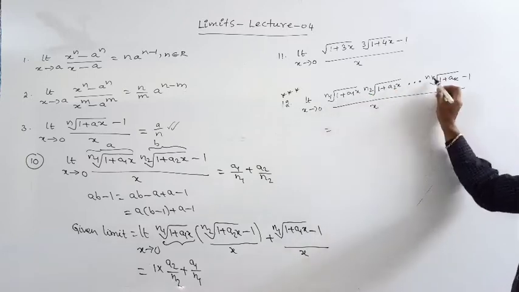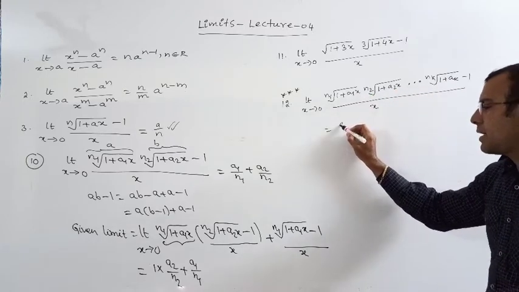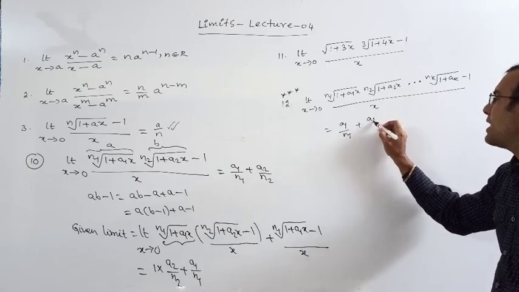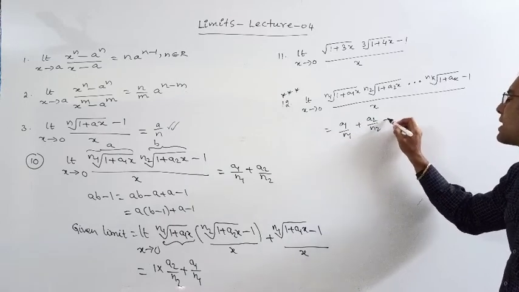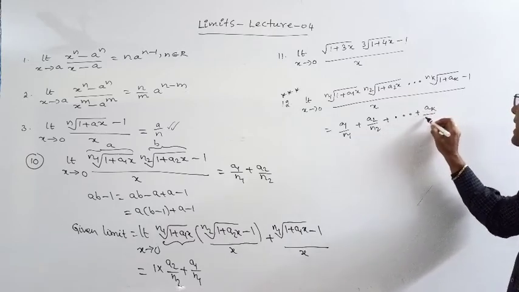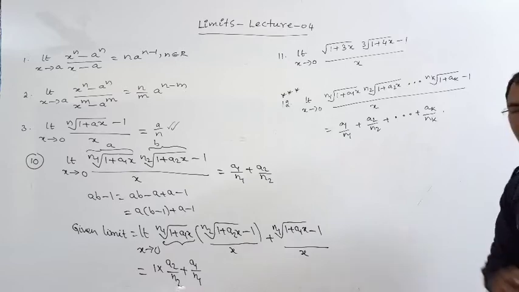We have here k terms. So you write a1 by n1, a2 by n2 plus and so on, ak by nk. That's it. You write down.